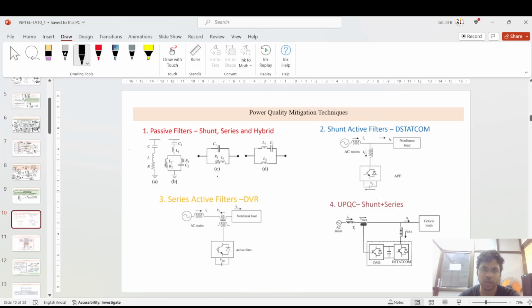So these are some of the effects, and the mitigation technique is to use certain filters for mitigating these power quality issues.